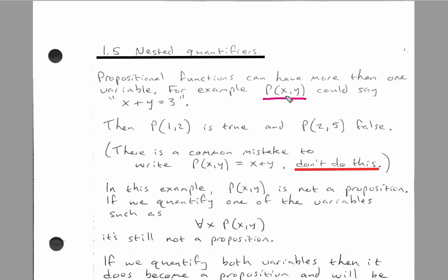So two numbers going in. And then what comes out? Well, what comes out should be true or false, depending on what the numbers are.